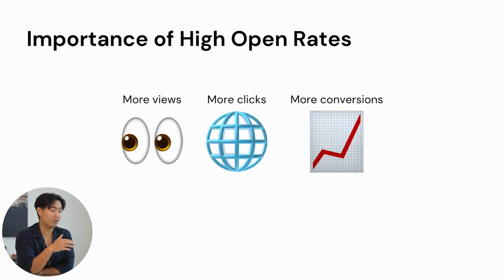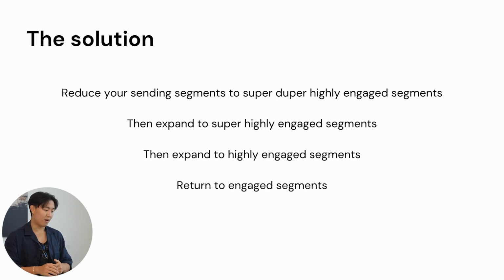So essentially, just to reiterate the importance of higher open rates, you get more views on your email content, which means more clicks, more conversions, more dollars for you, right? So in terms of the solution to actually solve for sender reputation or deliverability, it just comes down to these 4 simple steps.